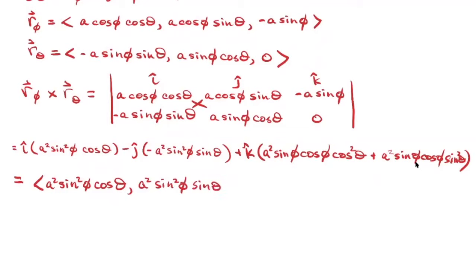The k component gets an a square sine phi cos phi, and then a cosine square plus sine square of theta.